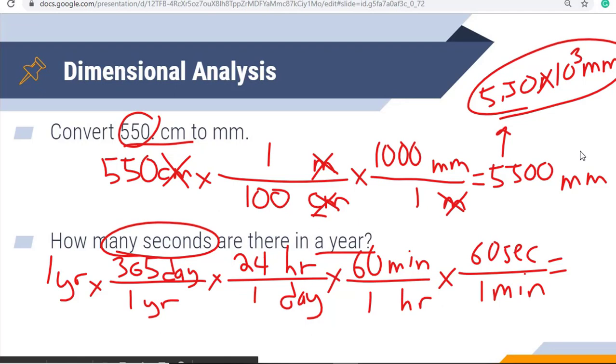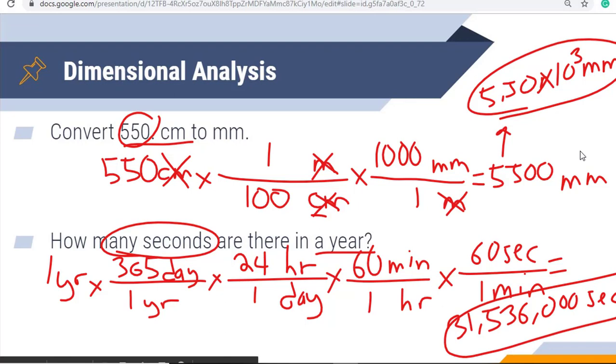So what we get, we won't use significant figures here because it's a little bit tricky. 31,536,000 seconds. You got that many seconds, better make them count.